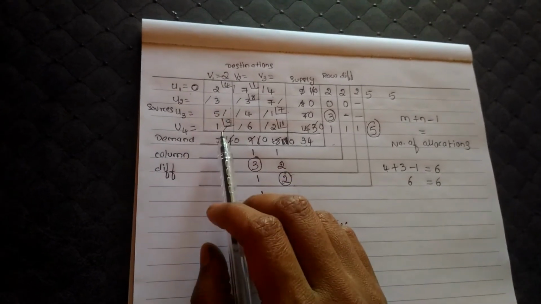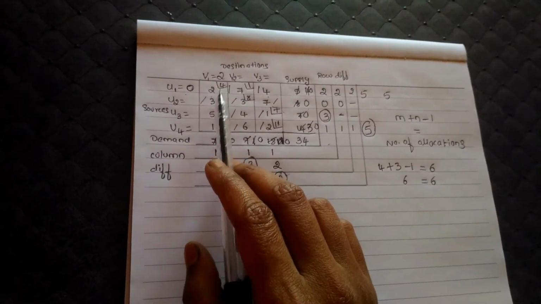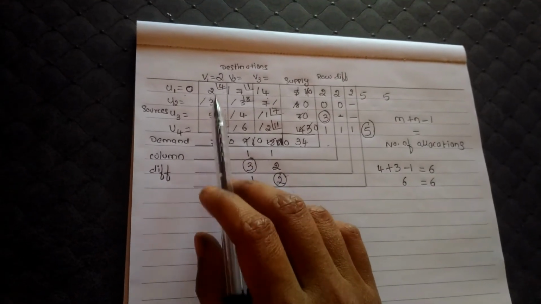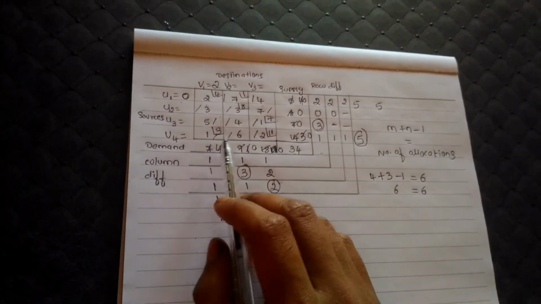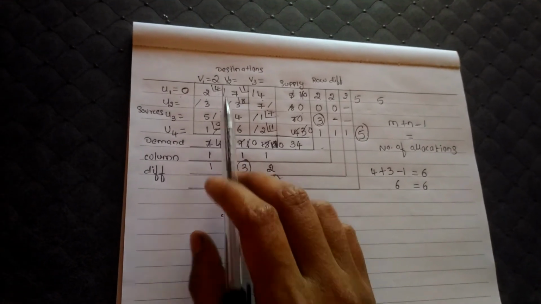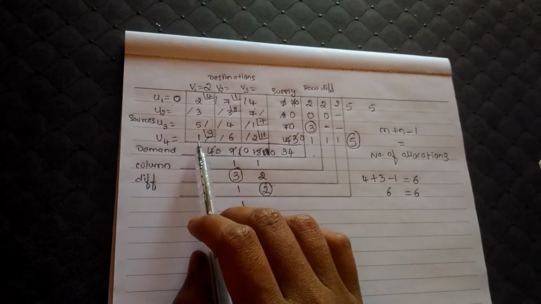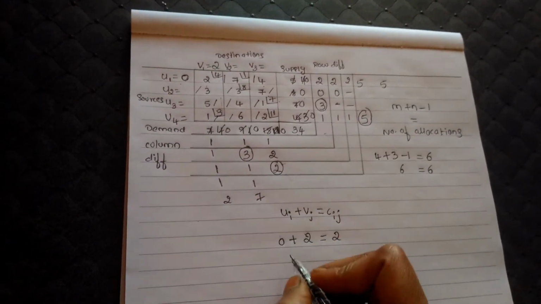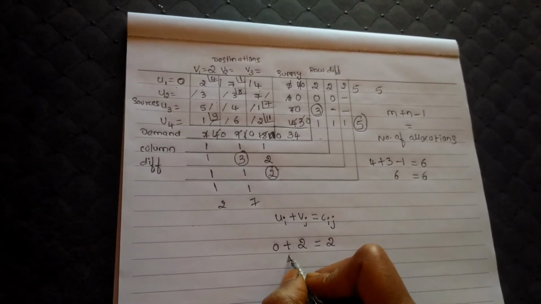This column has a value for V1, so we check if there are any more allocations in the same column, which will help us find the values of a row. Now there is one more allocation. The value of V is 2, and we don't know the value of U, but Cij for this will be 1. What is the value of U4? We don't know.